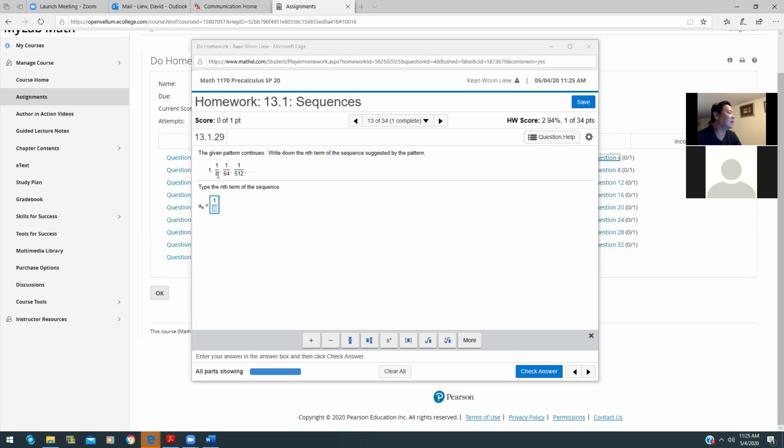1 becomes 8, 8 becomes 64, 64 becomes 512. So how do you get from 1 to 8, and then 8 to 64? You multiply by 8. Every time you multiply by 8, we call this a geometric sequence. So in this case, you will have to use 8 to the power of n.